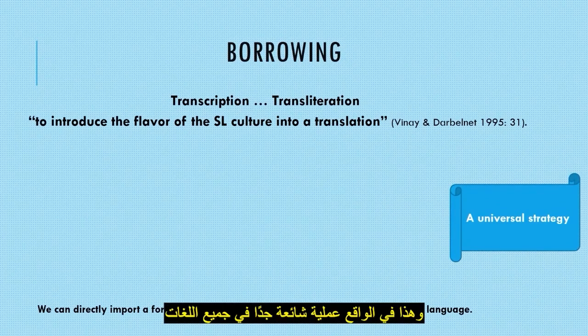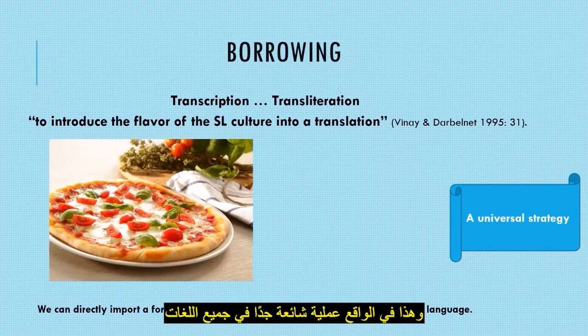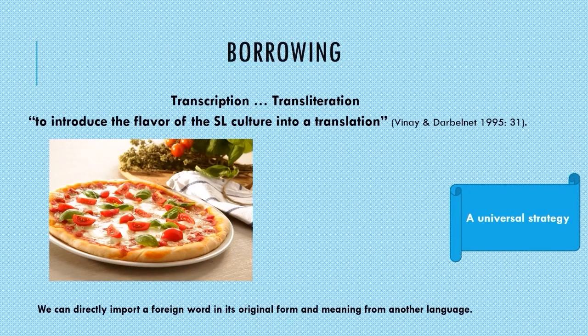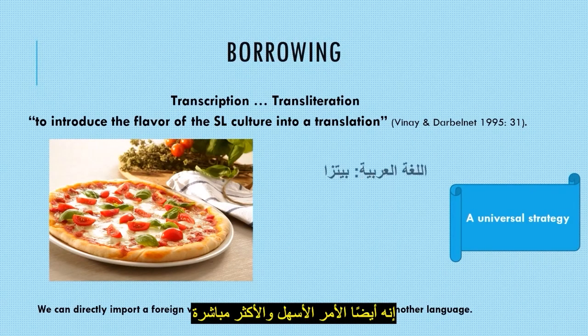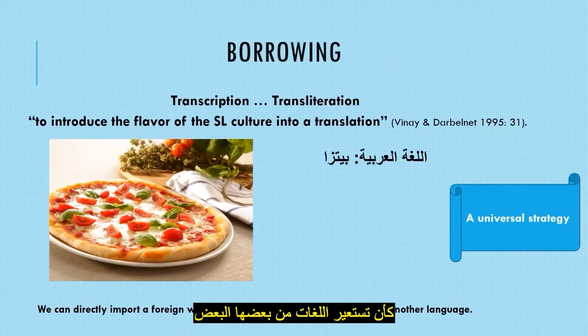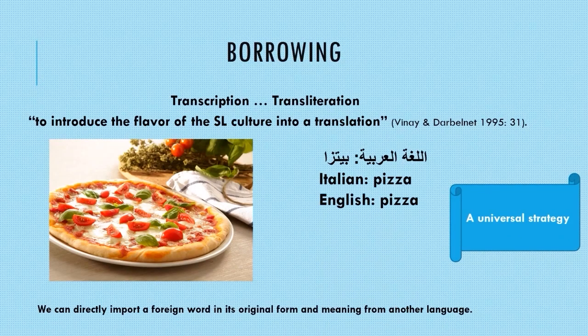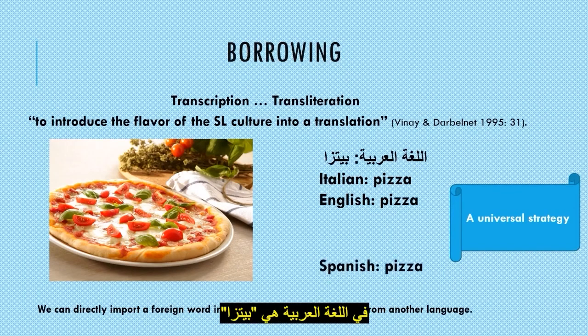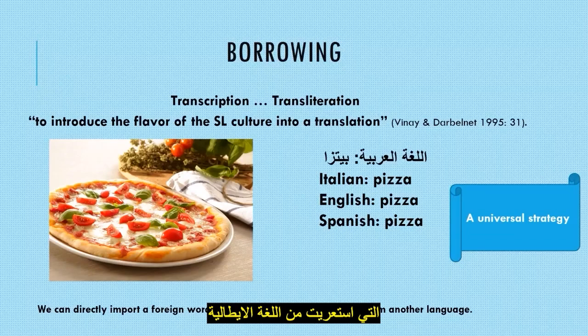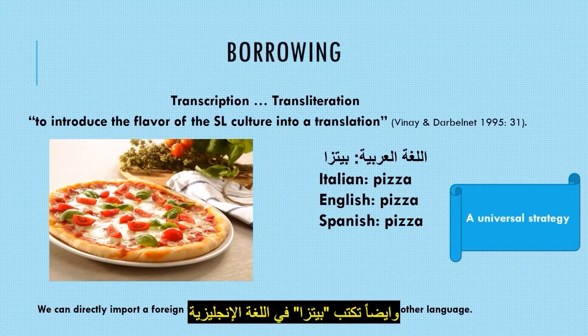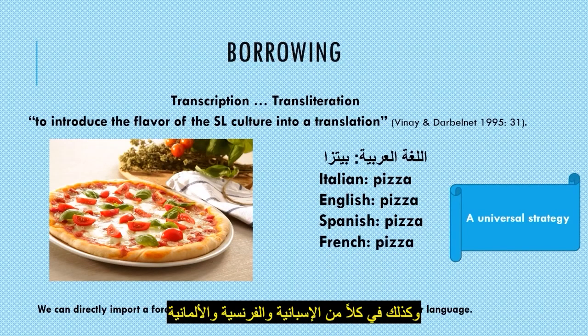This is actually a very common process in all languages. It's also the easiest and most straightforward, as languages borrow from one another words that do not exist in their dictionaries. Words like pizza. In Arabic, it's pizza, which is borrowed from Italian. It's also pizza in English, Spanish, French, German.